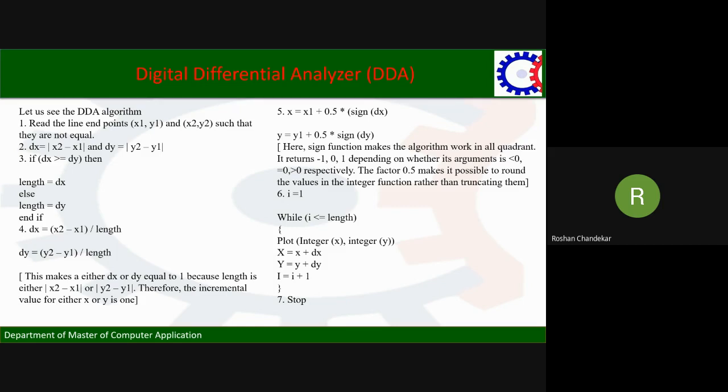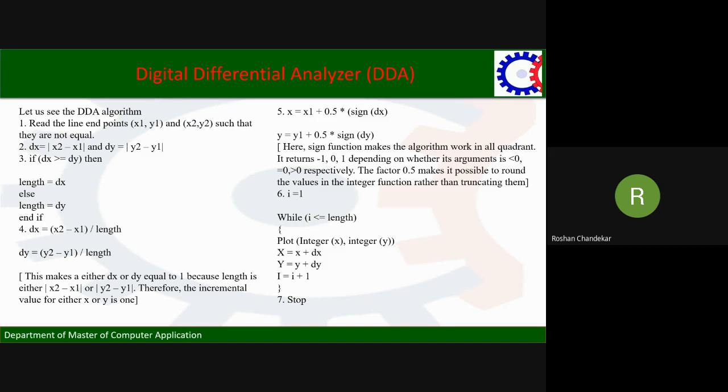In the fifth point, we calculate the value of the current pixel, that is x is equal to x1 plus 0.5 times sign of dx, and y is equal to y1 plus 0.5 times sign of dy. Here the sign function is used so the algorithm works in all quadrants.